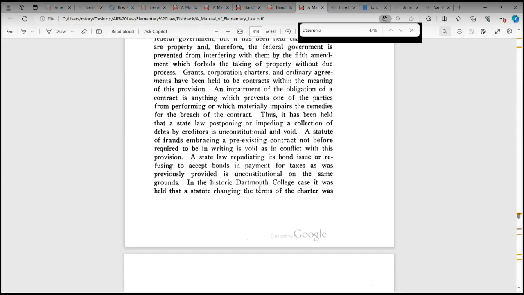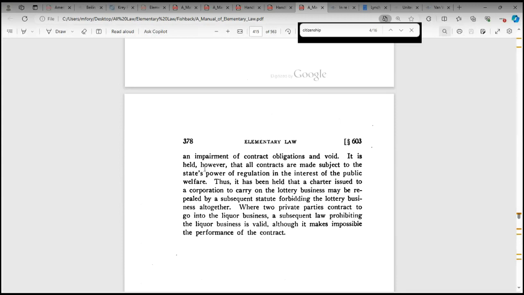In the historic Dartmouth College case, it was held that a statute changing the terms of the charter was an impairment of contract obligations and void. It was held, however, that all contracts are made subject to the state's power of regulation in the interest of public welfare.